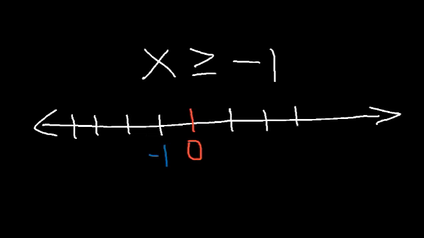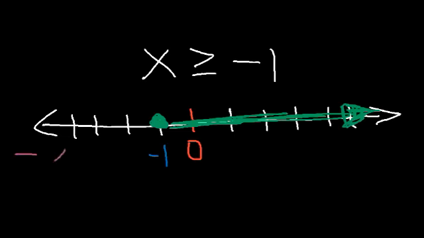Do we have an open circle or a closed circle at -1? Since we have the underline, it's going to be a closed circle. And because x is greater than or equal to -1, we need to shade to the right, since it's greater than. So that's how you can plot it on a number line.